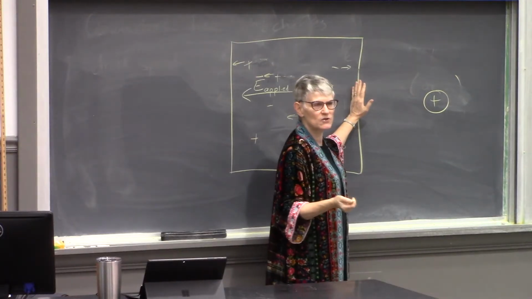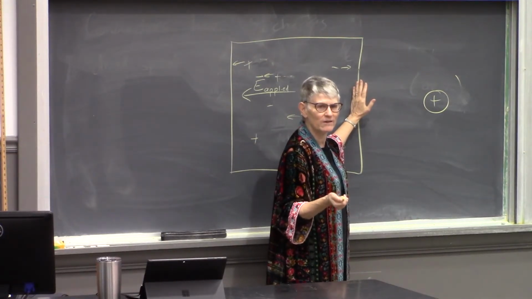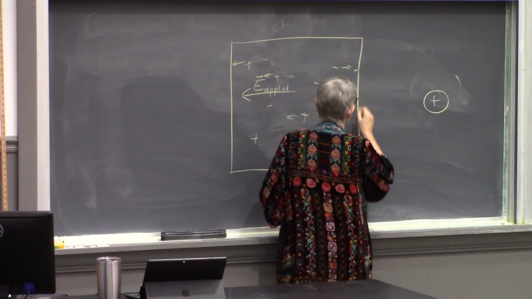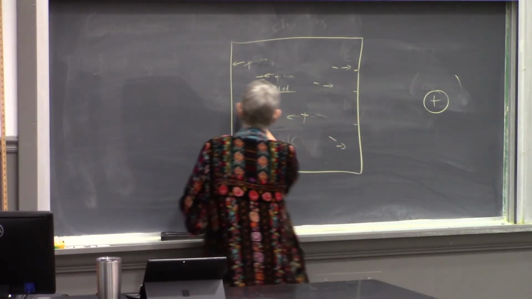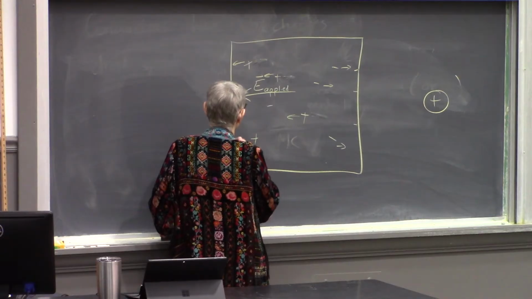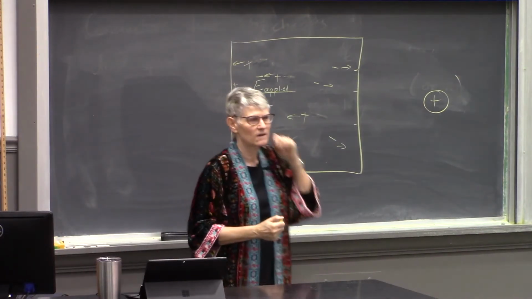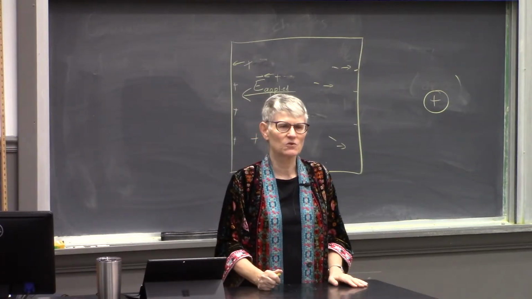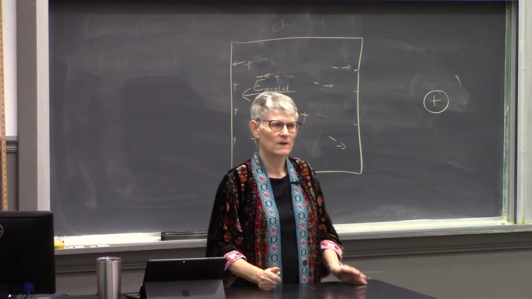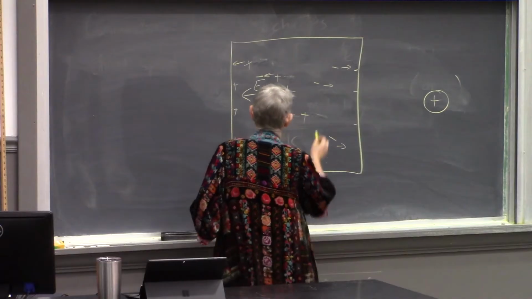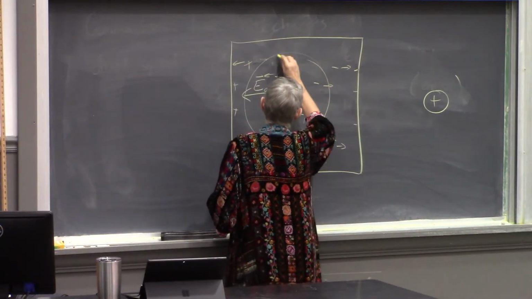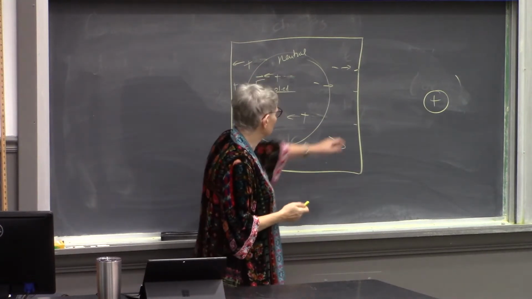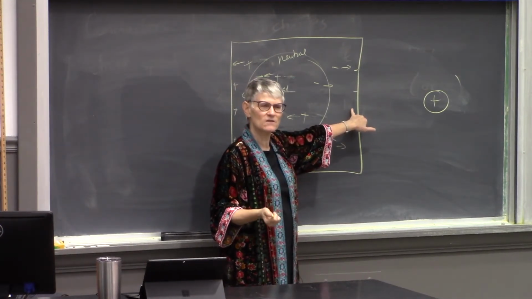The ones that were close to the edge of the beaker can't go any further. So we start to pile up a little bit of negative charge here and a little bit of positive charge here. But that's interesting, because now we have a new source of charges. So in here it's still neutral. We have the same number of pluses and minuses, but over here we've got this excess of negative charge.